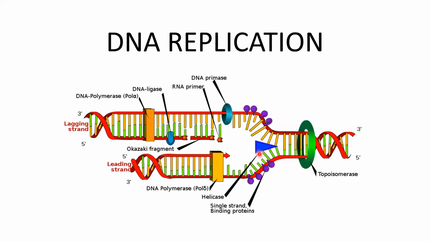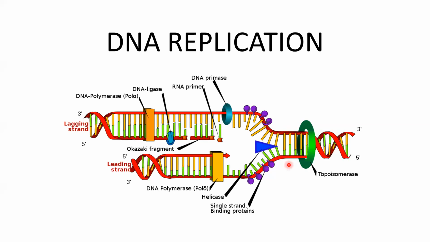Helicase is an enzyme specially to break those hydrogen bonds. Look at this pointy one: it's going to come in, break these bonds where they're forming, and open up the specific DNA segment that I need to replicate.